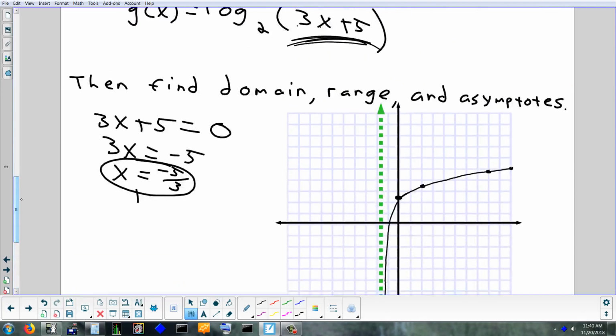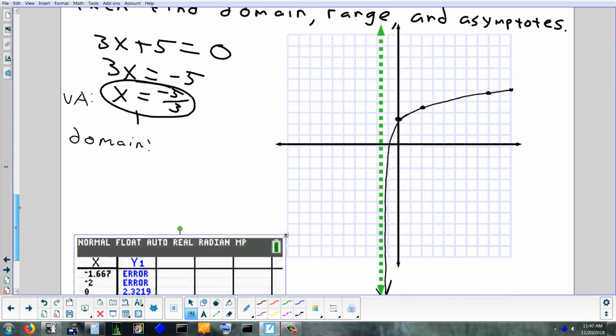All right. So it said to find the domain, range, and asymptotes. Well, there's your vertical asymptote. We already found it when we did the graph. Domain. Michael, what's my domain here?